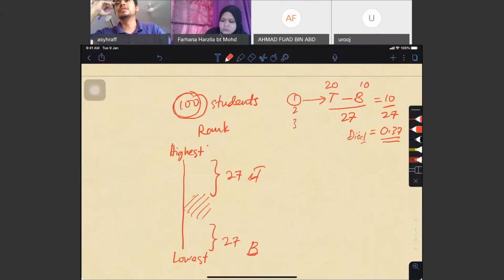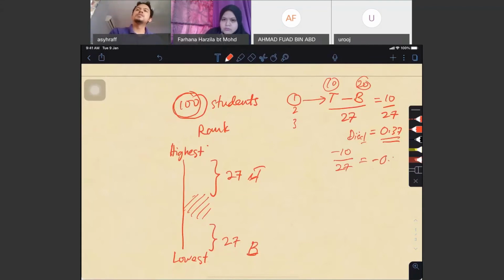Let's say it's the other way around: 10 students here can answer, but 20 can answer here. So 10 minus 20 becomes negative 10, divided by 27, negative 0.37. Meaning, if you get a negative result, more of the poor students are answering this correctly compared to the good students. So we start to wonder why.